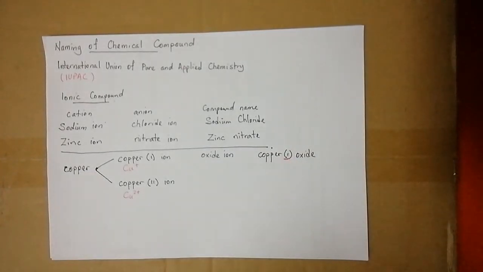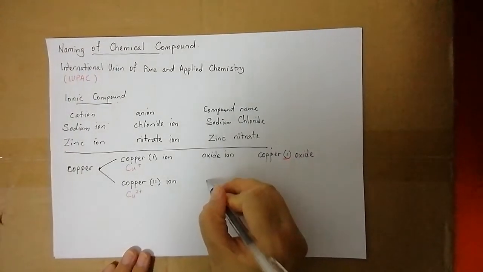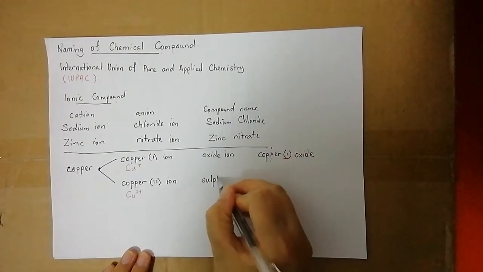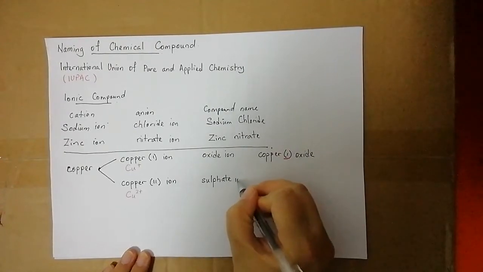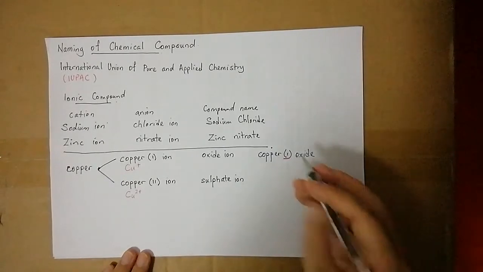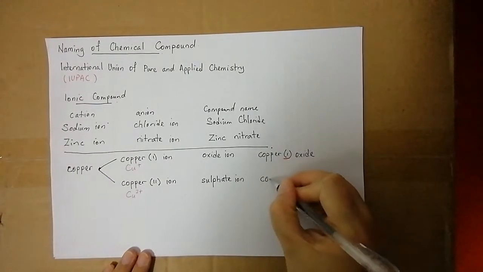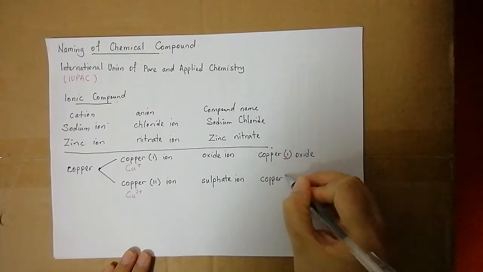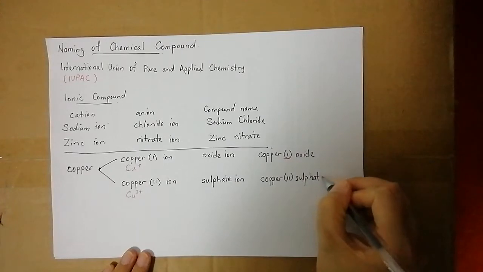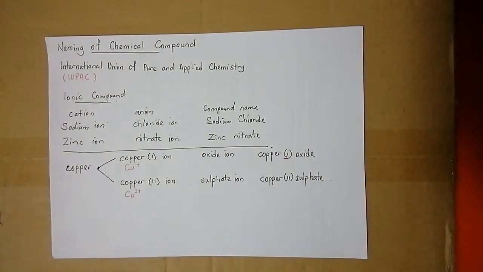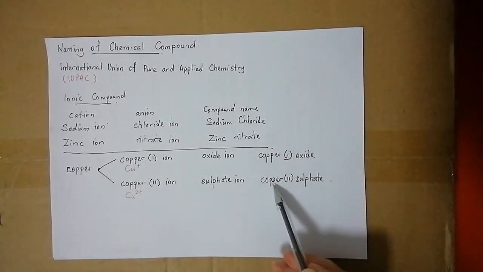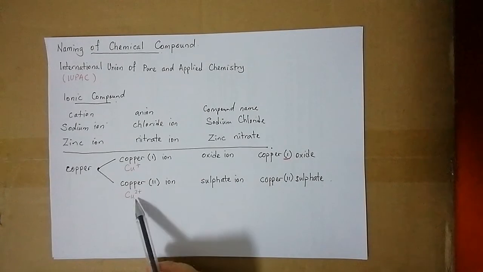The same goes for copper(II) ion. When it combines with another ion, maybe the sulfate ion, the name for the compound will be copper(II) sulfate. From here, I know that the charge for this copper is 2 positive.